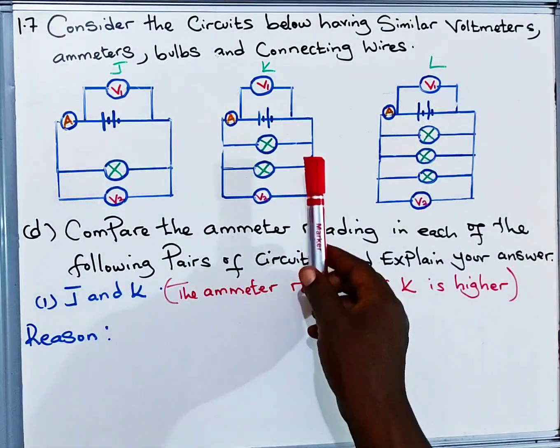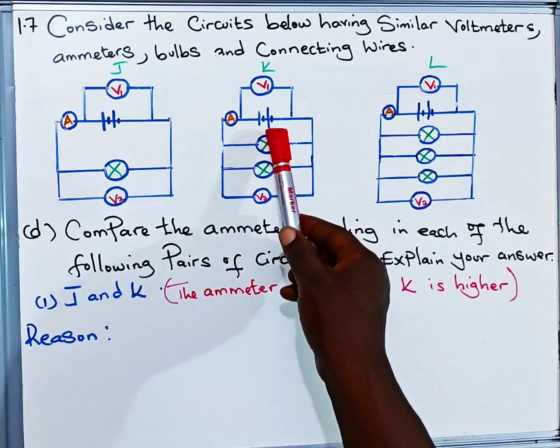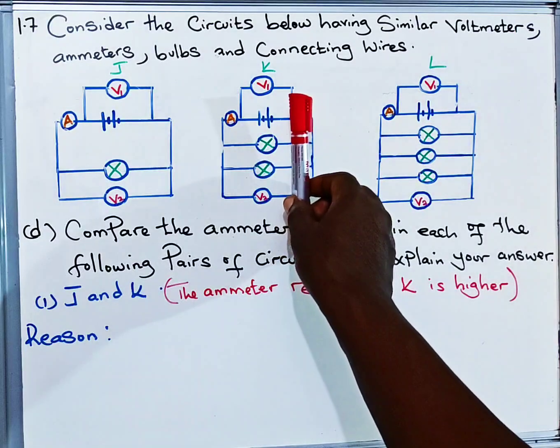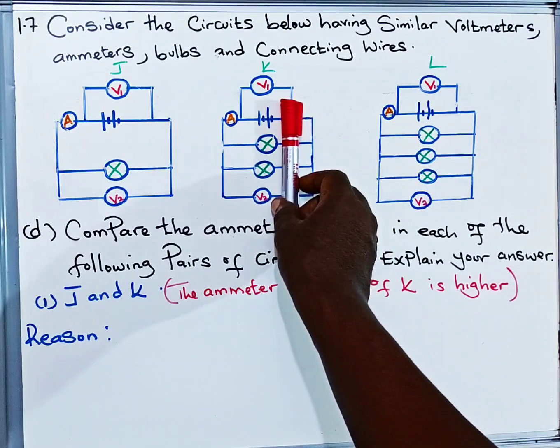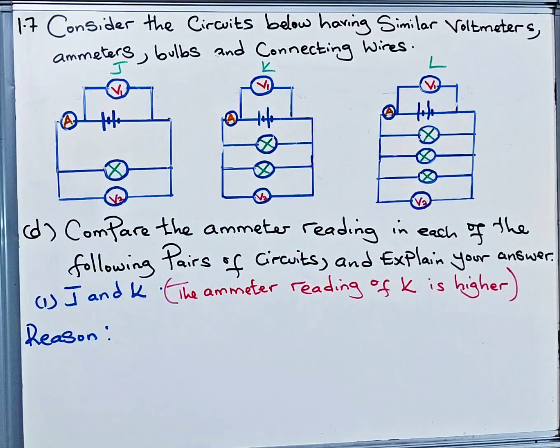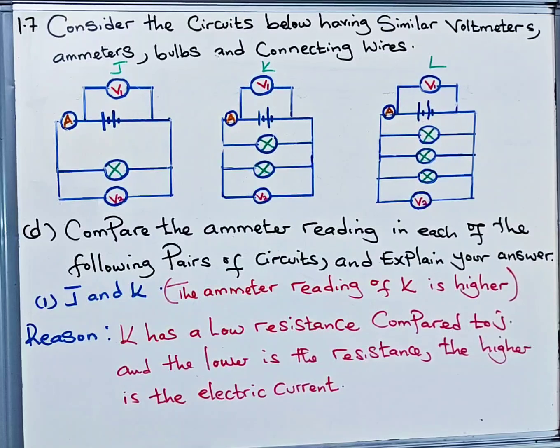We are going to discover that the more the components are arranged in parallel, the lower is the total resistance. So technically, K will have a lower resistance compared to J. And the lower the resistance, the higher is the electric current.